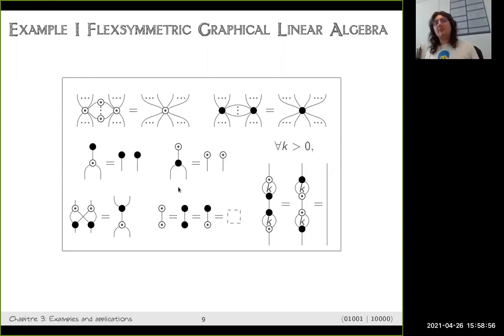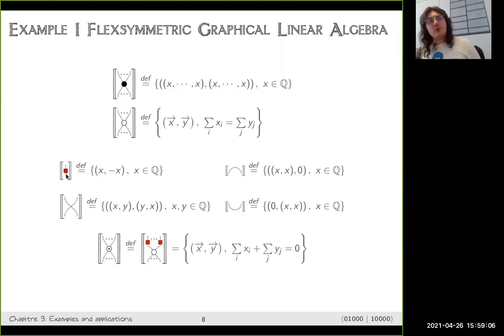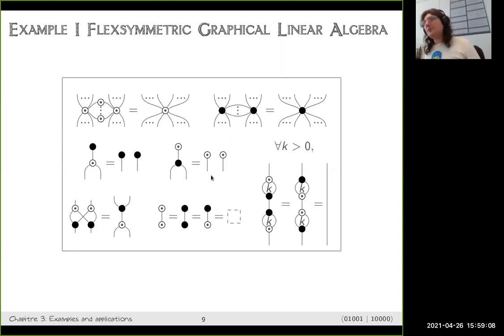What I did is just obtain something more compact: I took the axiomatization without the red square, and then I added FLEXSYMMETRY. So all those equations are equivalent up to FLEXSYMMETRY, because you just transform some inputs into outputs, and that's all.